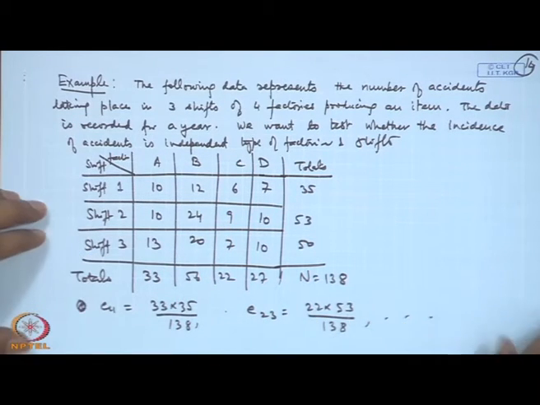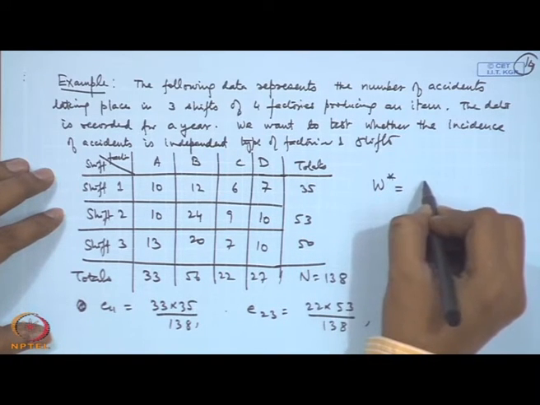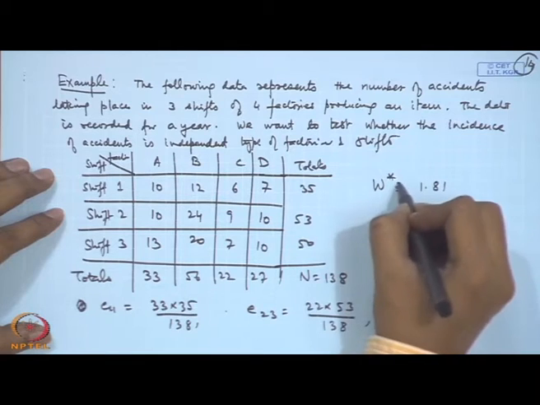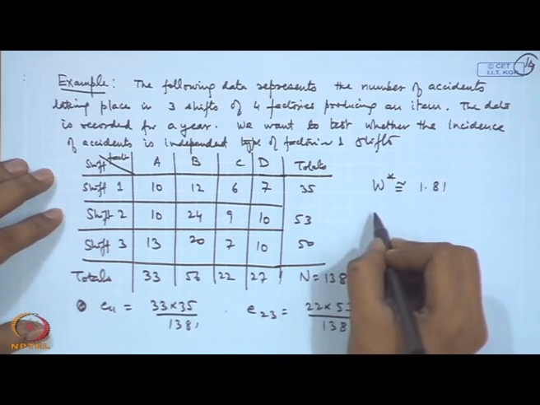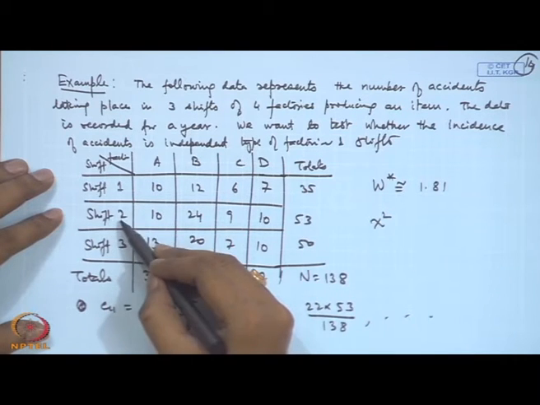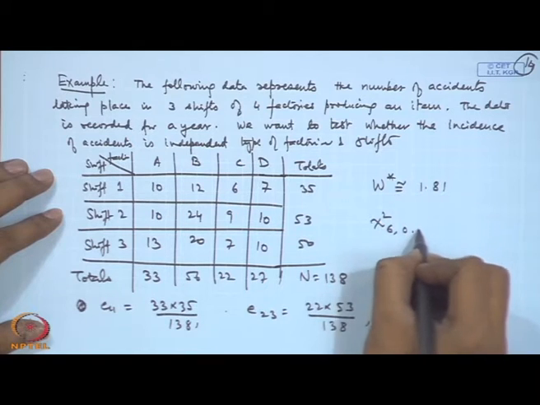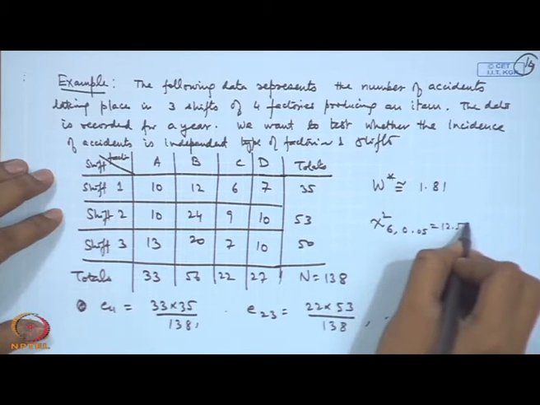So, we calculate W star, which turns out to be approximately 1.81. Now, if I consider chi square on 2 into 3, that is 6 degrees of freedom, at level say 0.05, then it is 12.59.